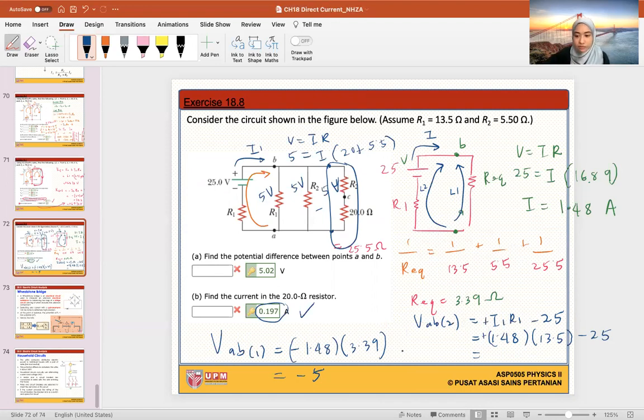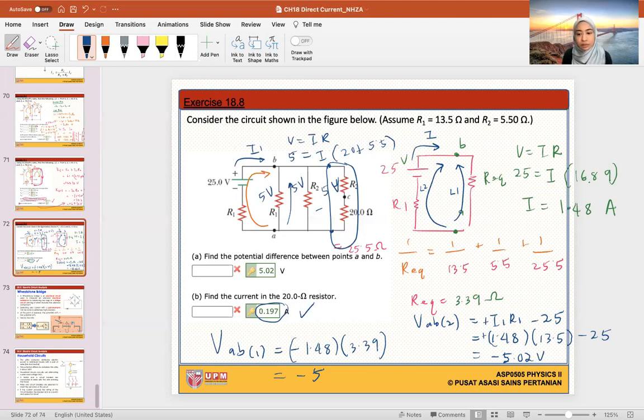I will get minus 5.02, which is approximately the same. Okay. The answer deviates a little, but it's okay. As long as you show the working steps and it makes sense, you should be fine. If you use line 1 or this line, it doesn't matter. You will get approximately the same answer. The only thing I don't know what's going on here is why it's not negative. I will check back on this and inform you through WhatsApp.